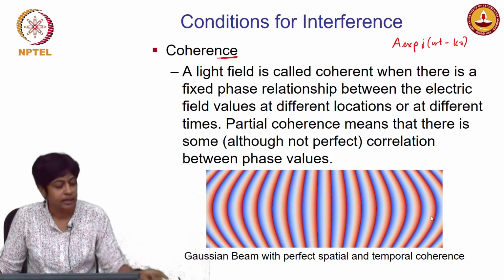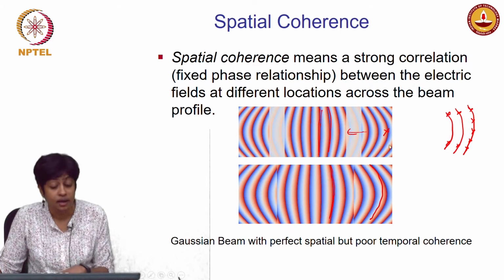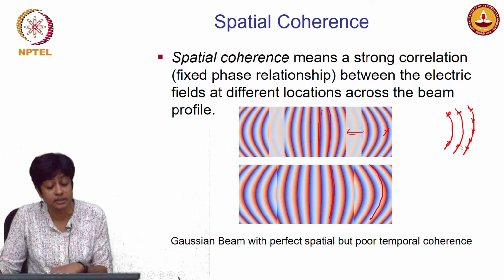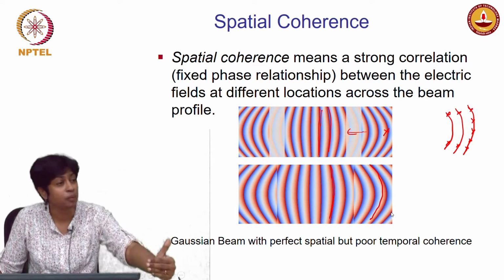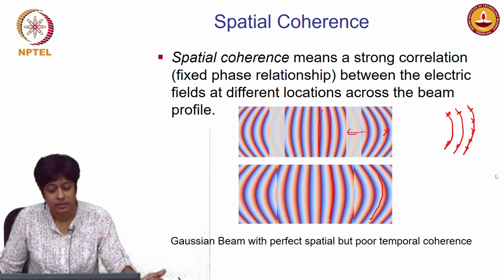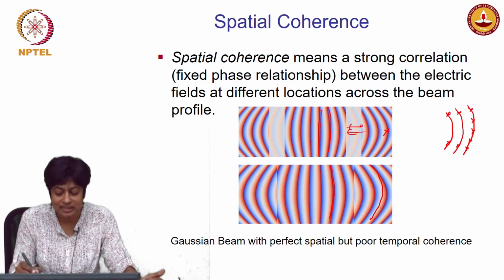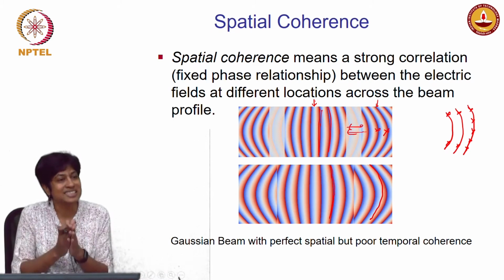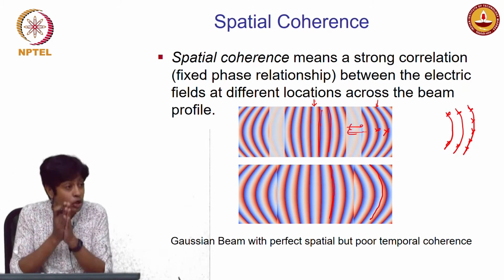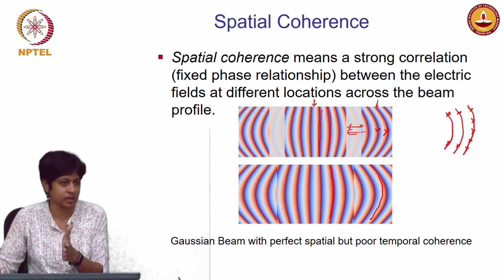But now in this beam with good spatial coherence and poor temporal coherence, I cannot predict what the wave will look like at some later point of time. You can see something has happened in this region over here, which means this point here does not necessarily have the same phase relationship it ought to have had if this was a perfect beam with perfect coherence.